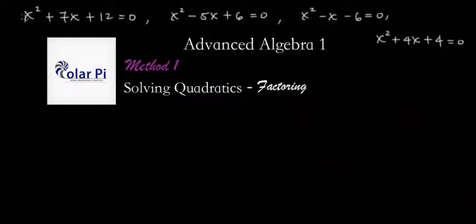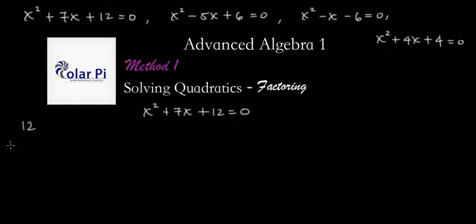So let's start with the very first one. We've got x squared plus 7x plus 12 equals 0, and what you need to do is take the constant term, the last term, 12, and figure out all the pairs of numbers that multiply to 12.